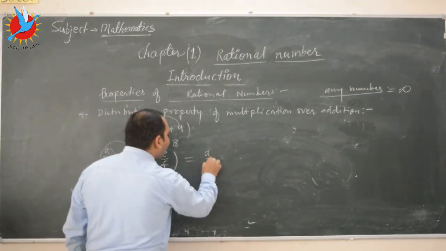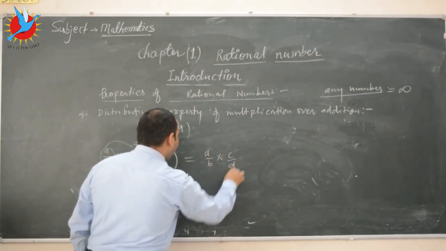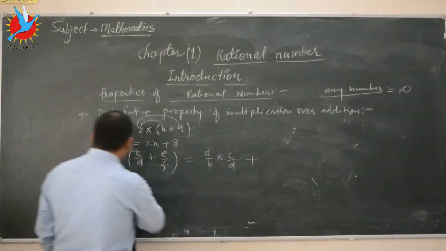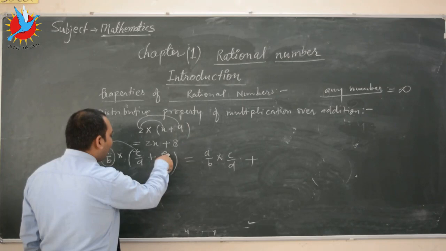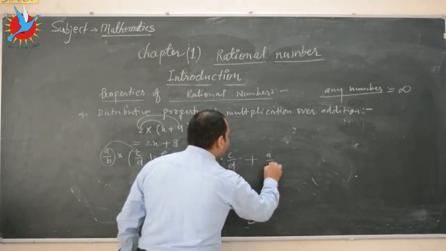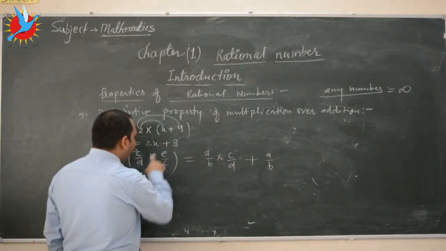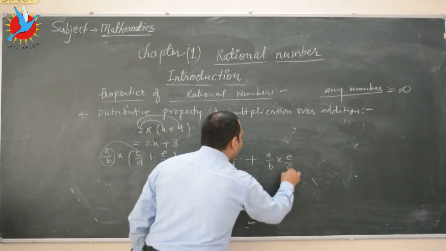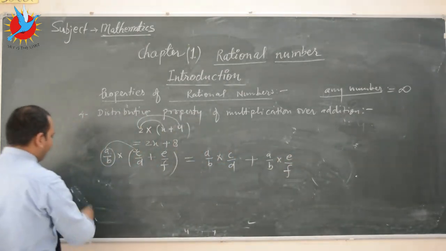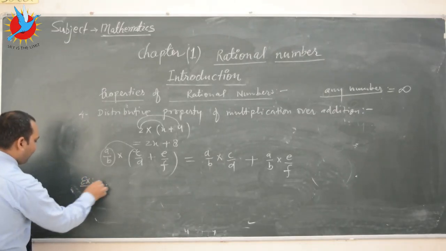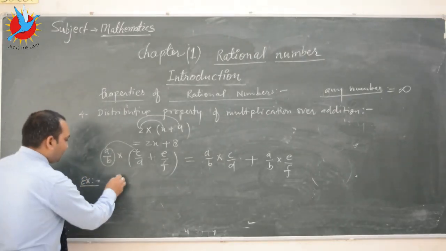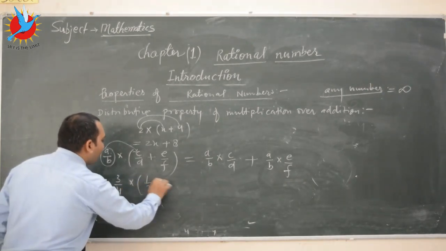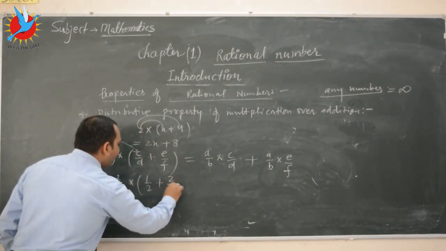It means a upon b into c upon d, and then plus sign, a upon b into the second number e upon f. We take one example, 3 upon 4 into (1 upon 2 plus 2 upon 3).